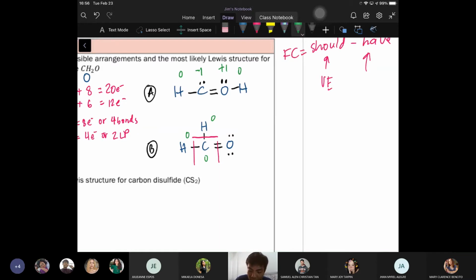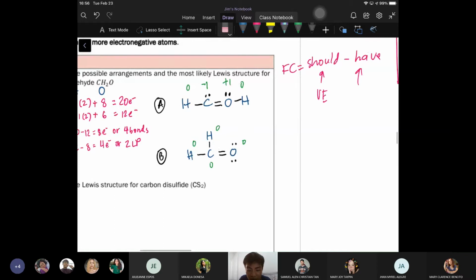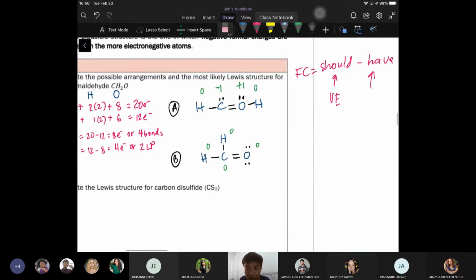So of the two illustrations, we saw that letter B is the most likely structure for formaldehyde instead of letter A. Why? Number one, as I said earlier, our basis is that as much as possible, the formal charges must be near zero or at least zero. So letter B qualifies there.